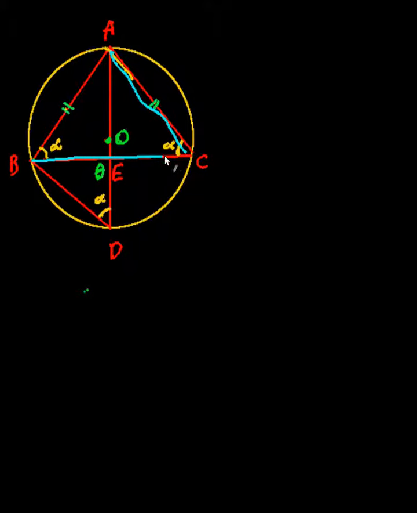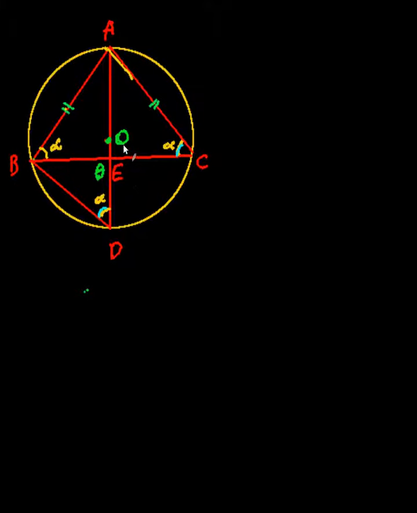It's sitting on the same chord. Forgive my rough drawing, but anyway, it's sitting on the same chord AB. So because of that, this angle is going to be equal to that angle. The reason is it's in the same segment.